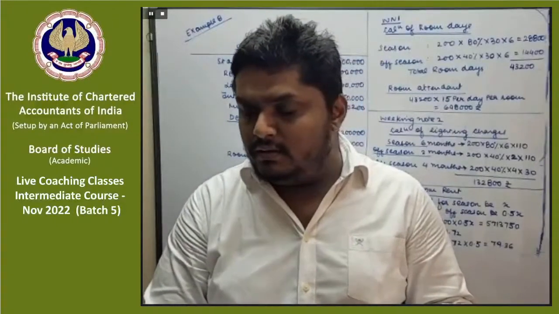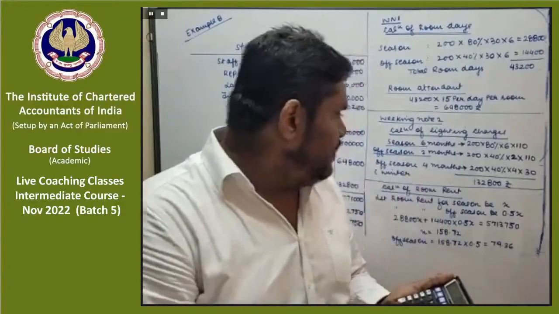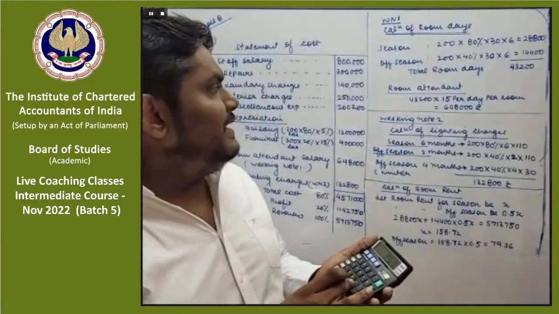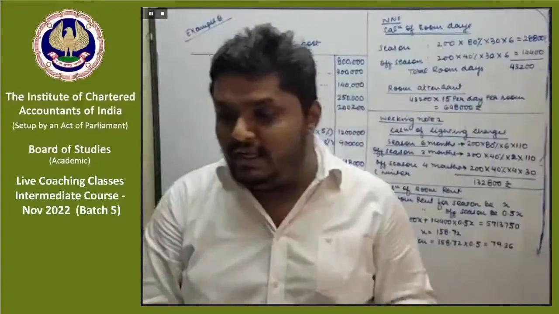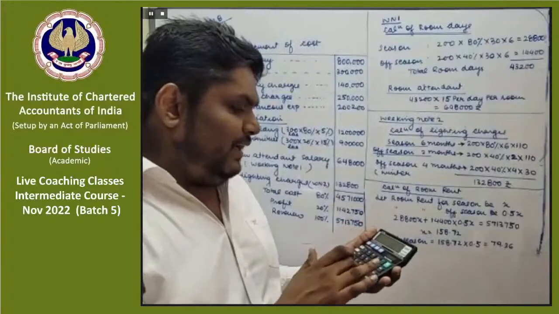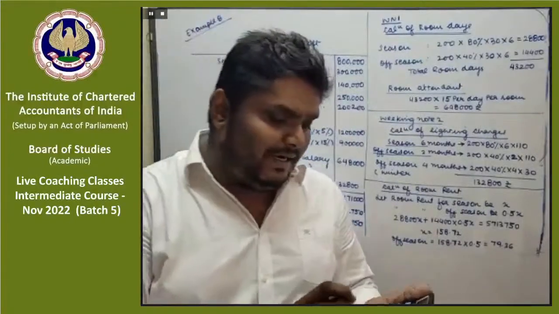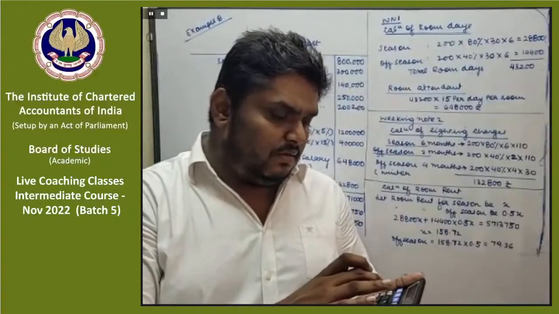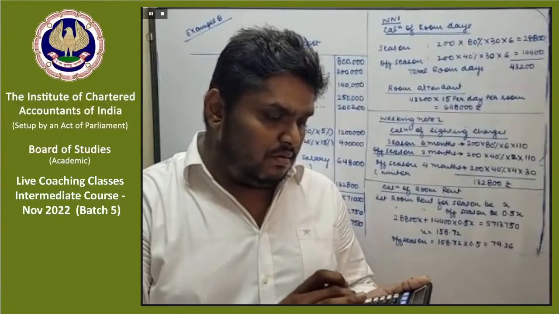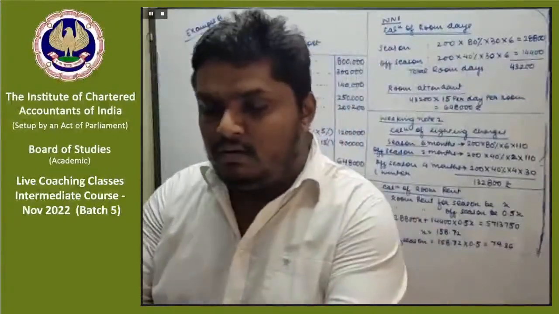Then 9 lakh is again the depreciation, plus the room attendant salary 43,200 into 15, so it is 6,48,000. And apart from this, 1,32,800 is the lighting charges. So it is 45,71,000.